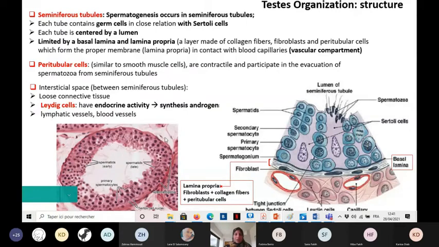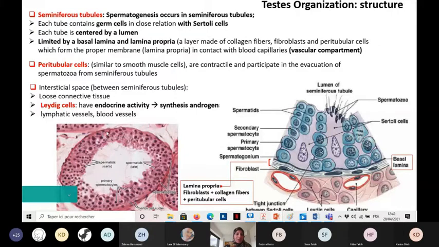And now, between those seminiferous tubules, as we said, we can have in testicular lobules one to four tubules, and they are convoluted tubules.